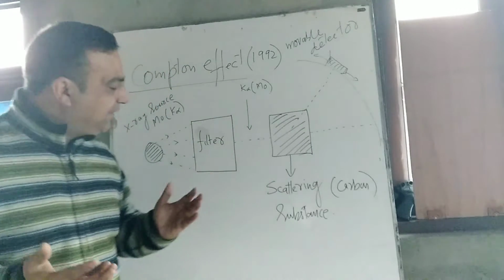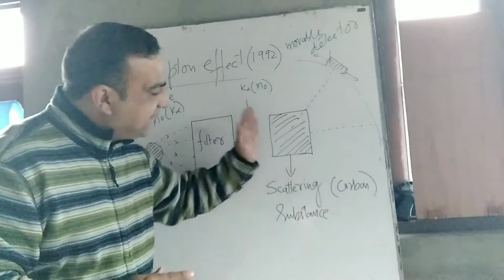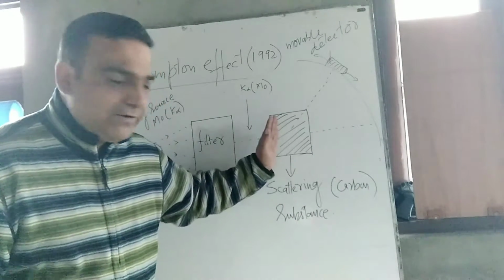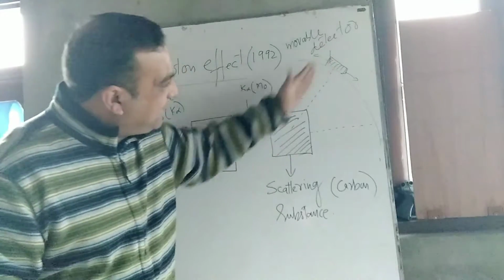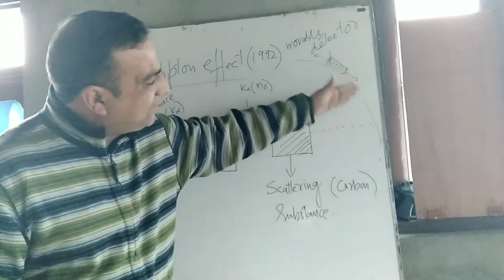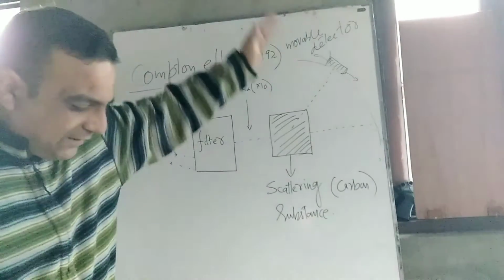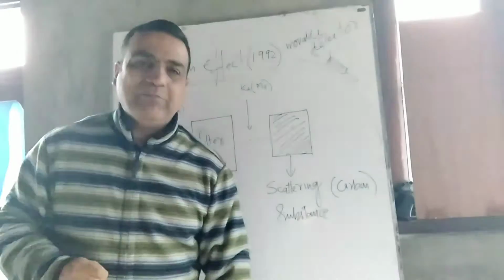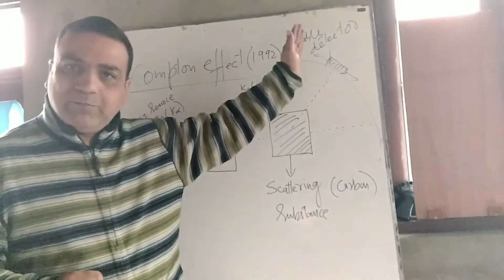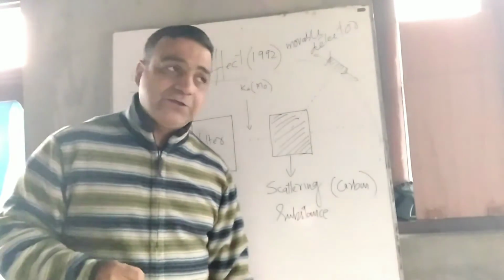Probably the right thing here is that this radiation is hitting the electrons in this material, and you are expecting that you will detect all the scattered radiations, and all of these scattered radiations must have the same wavelength, or must have the same frequency as that of the incident radiations.